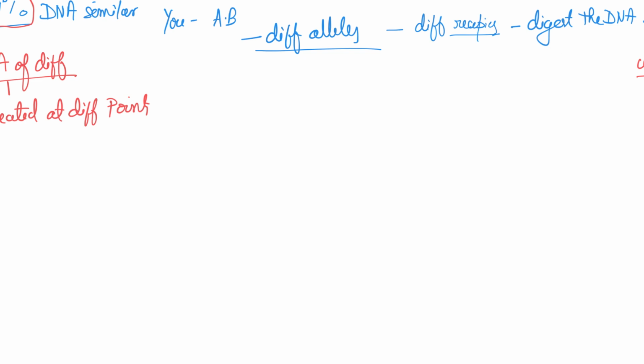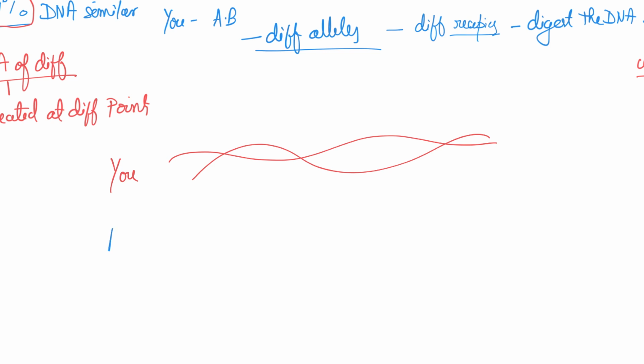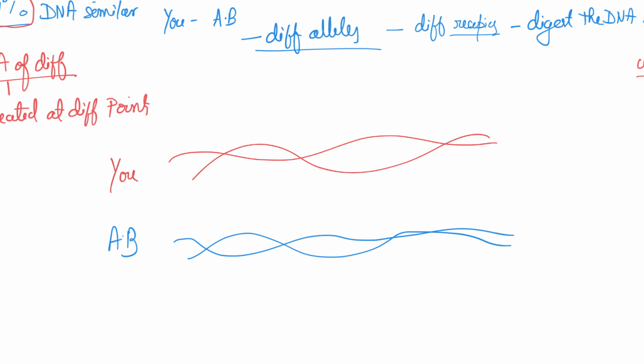Let's take this DNA. So this is you and this is Amitabh Bachchan, right? There are minute differences, and that is why the restriction enzyme cuts the DNA here in you, and the restriction enzyme cuts the DNA here in Amitabh Bachchan.